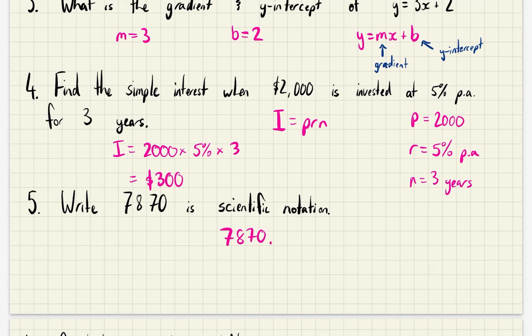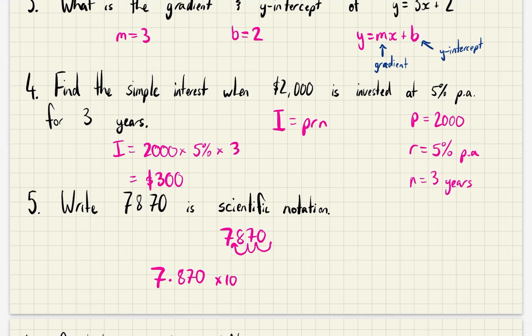So I'm going to rewrite 7870, but I'm going to put in a decimal place because that's where it is. Now, I want to get a whole number with a decimal place afterwards. So I'm going to move it once, twice, 3 times to get it to there. So I can rewrite it as 7.870.